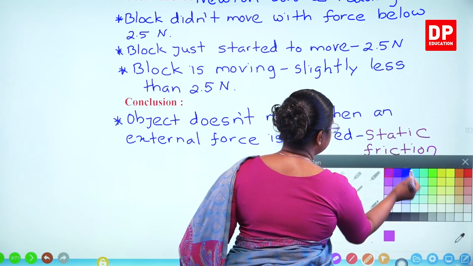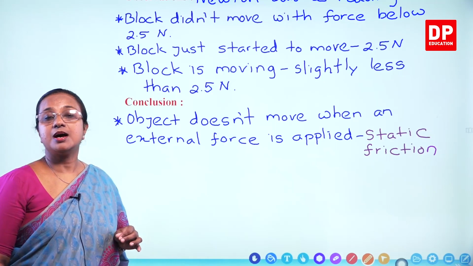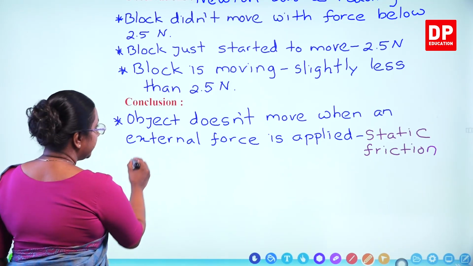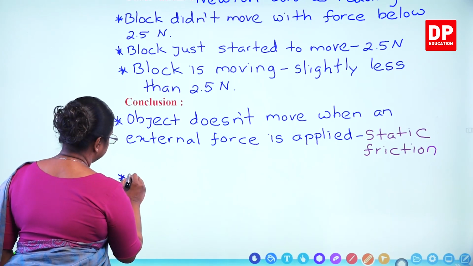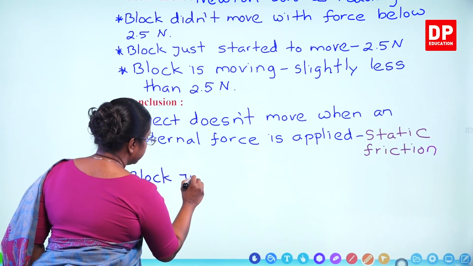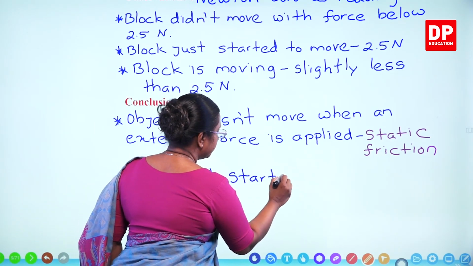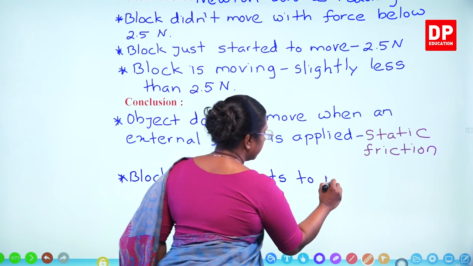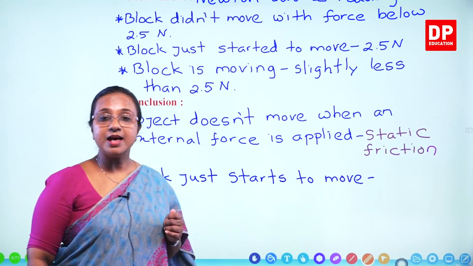Then we have the second instance, when the block just starts to move. There we call it the limiting friction. So what happens there?